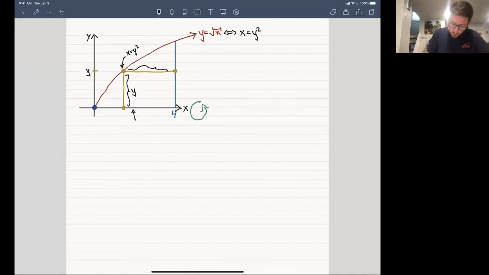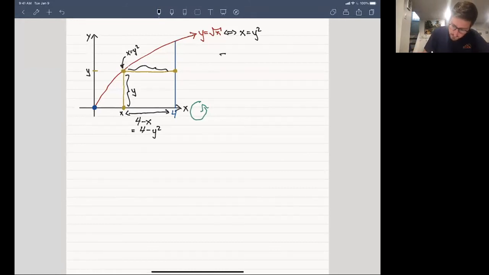And therefore, this distance from the endpoint 4 all the way over to this point is going to be 4 minus x, and we want everything in terms of y. We know that x is equal to y squared, so we get 4 minus y squared. This is good, because we now have the radius, y, and the height of the cylinder, 4 minus y squared.